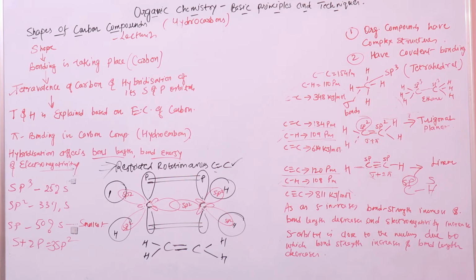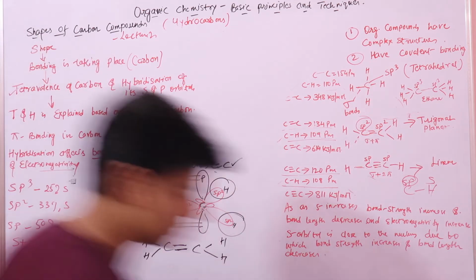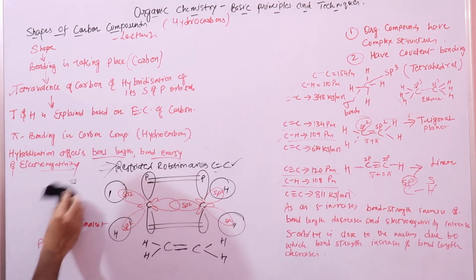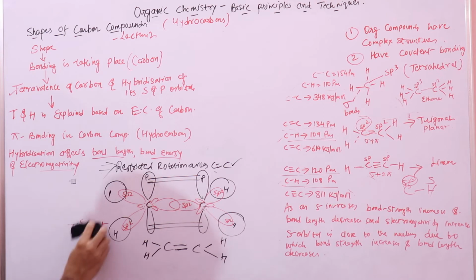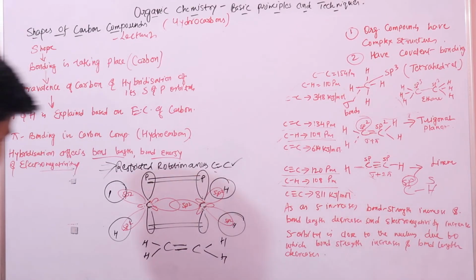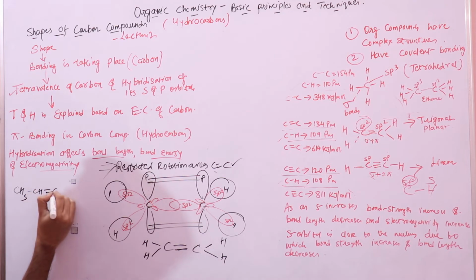Let's take the example of a compound. We have certain organic molecules where you have all three hybridized carbon atoms, so you can imagine the complex structure of such compounds. CH3, CH, double bond CH.